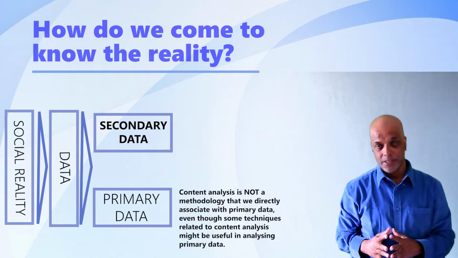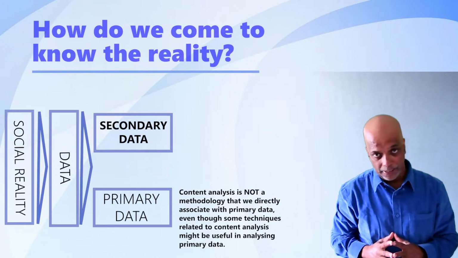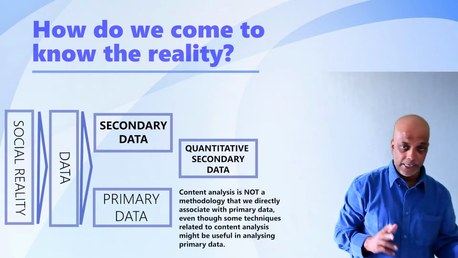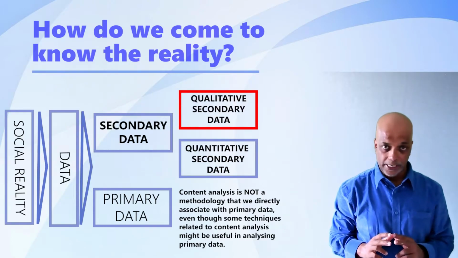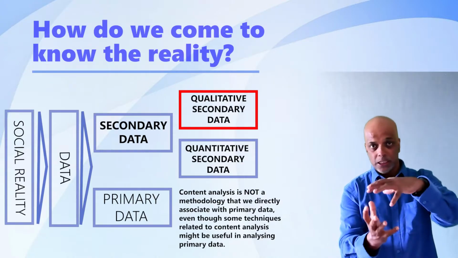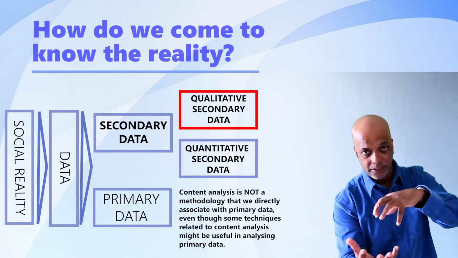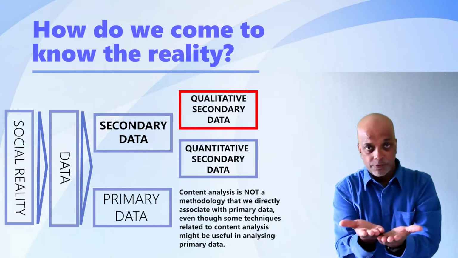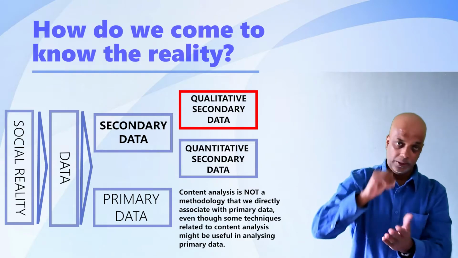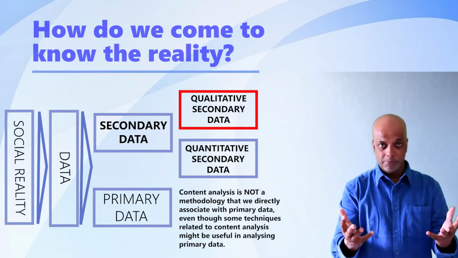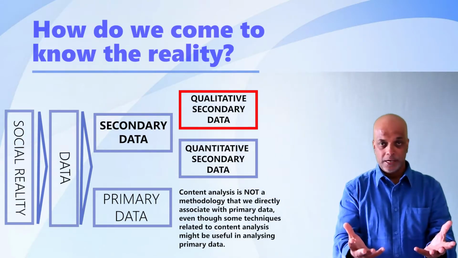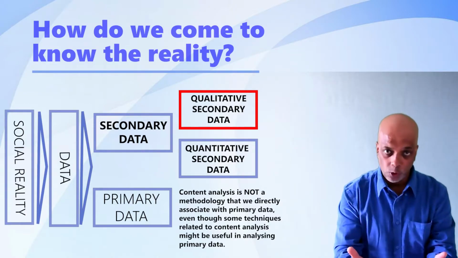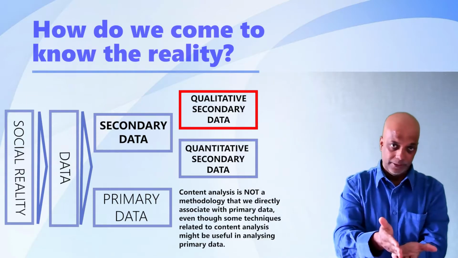However, when we are thinking about secondary data, there are two forms of secondary data: quantitative secondary data and qualitative secondary data. Certain reality situations are such that the reality creates a set of data which is fundamentally numerical, quantitative. For example, market transactions are in their very nature, in their very native form, a quantitative reality.